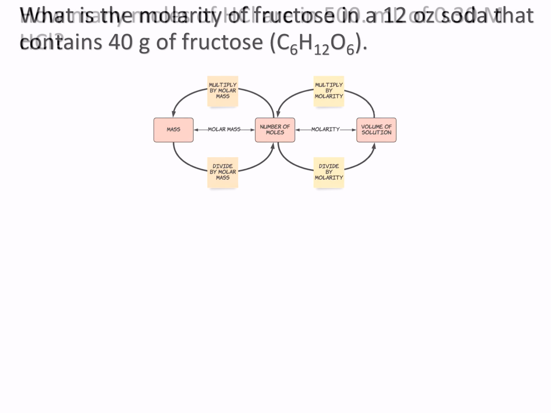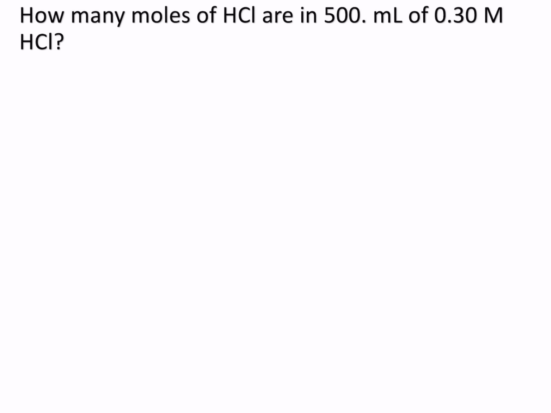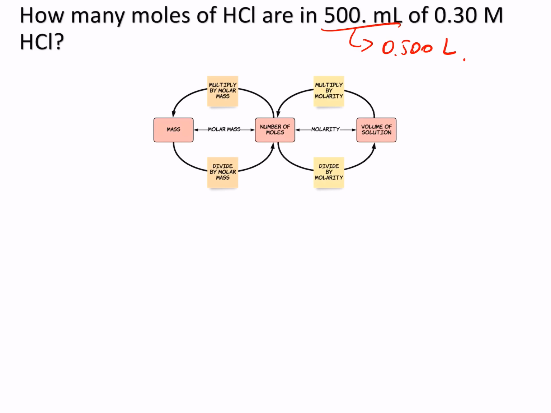Okay, so in the next example, we ask how many moles of hydrochloric acid we have in 500 milliliters of 0.30 molar. Remember, we need volume in liters, so those 500 milliliters are 0.500 liters. In this case we don't have mass, and we don't need mass, because the question is how many moles.